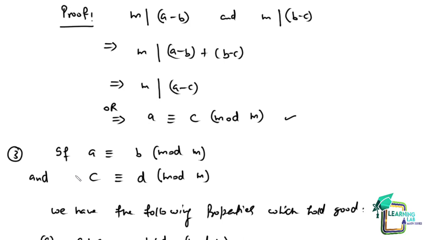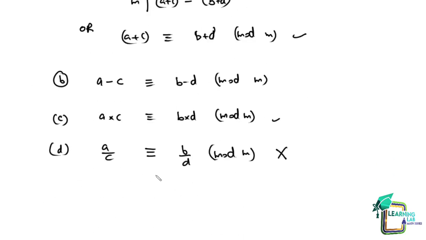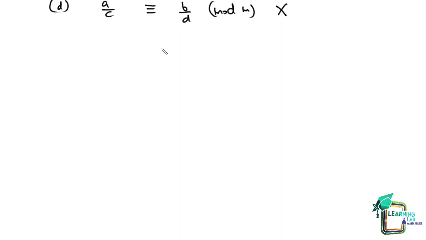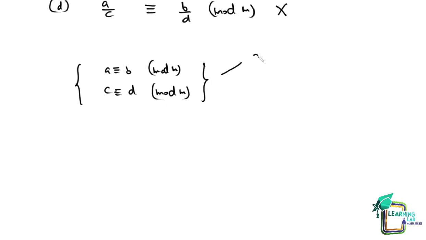Now we have the following properties with these two statements. If A is congruent to B mod M and C is congruent to D mod M, then we must have number 1, A plus C is congruent to B plus D mod M. That means we can add these two.